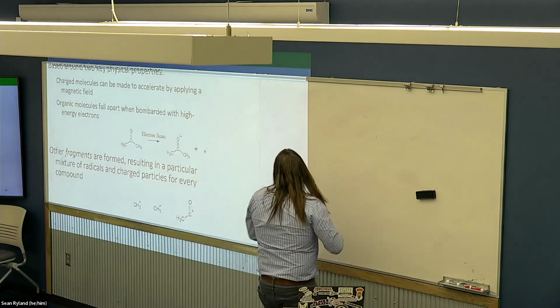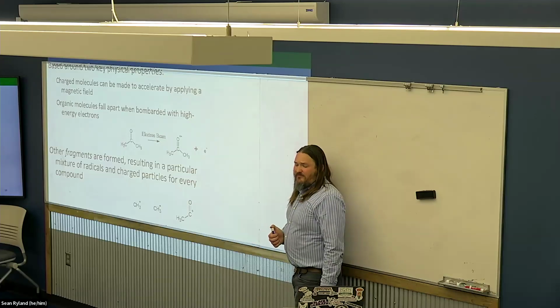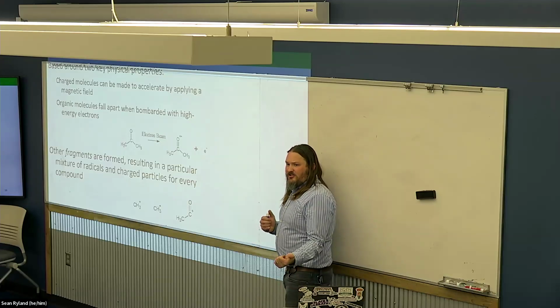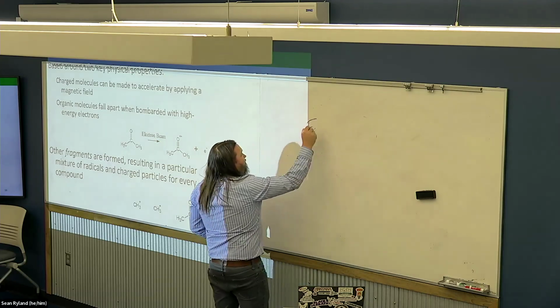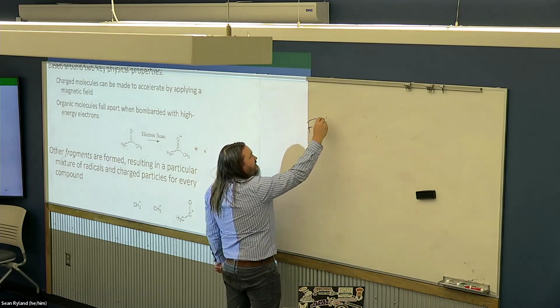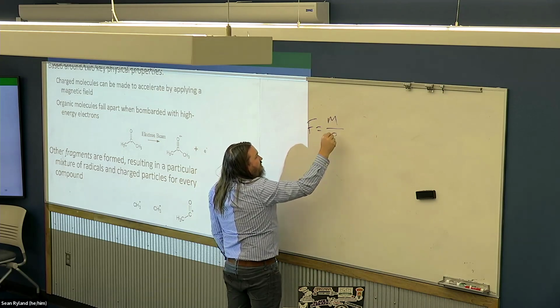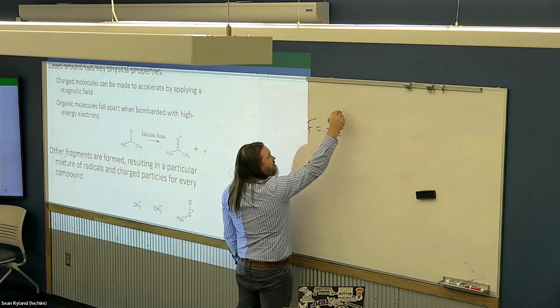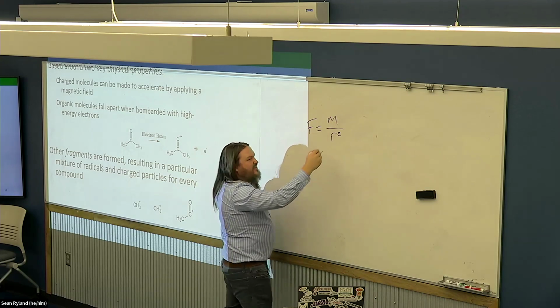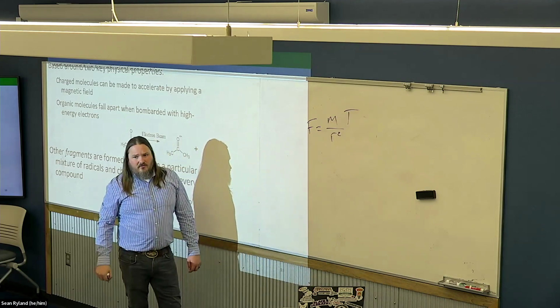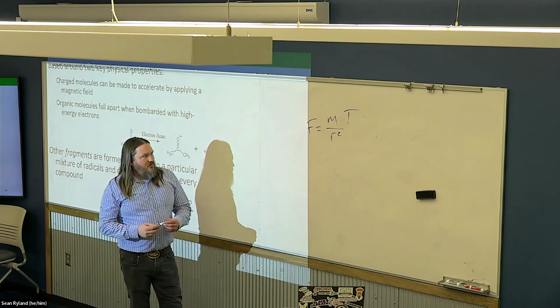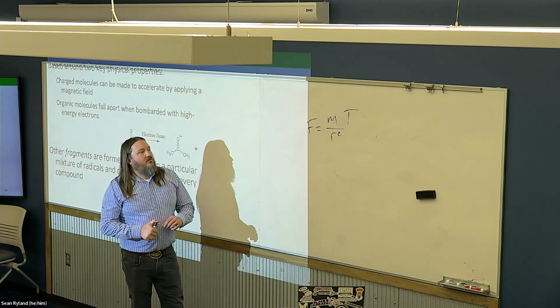Right, because the force, who's had their physics recently, the magnetic force due to a charge is like... force is mass times... that's gravity. The magnetic force, I'm pretty sure, is mass over r squared times field strength or something, right? Maybe Tesla? I'm pretty sure it was Tesla times the magnetic field strength times current.